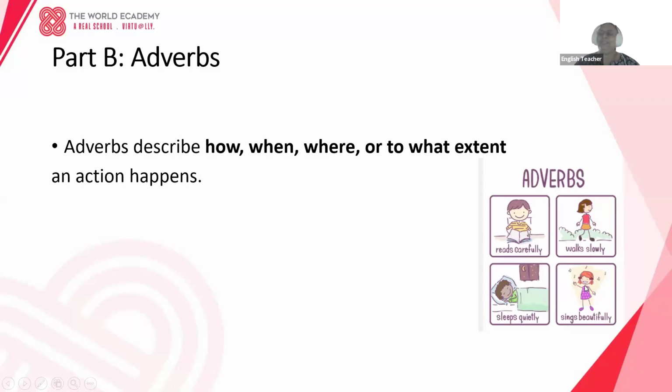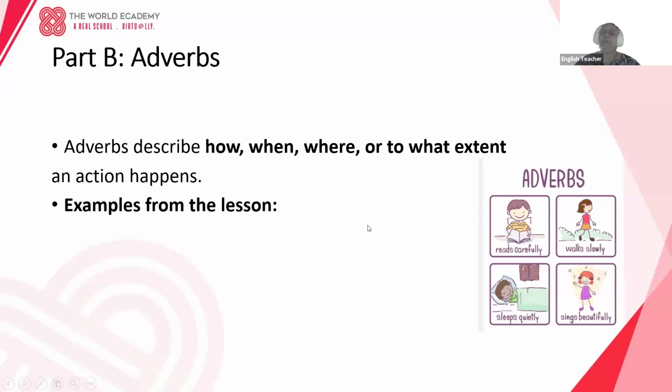And over here, Ruby sings beautifully. She's got beautiful vocal cords. So that's why she sings beautifully. All these words, carefully, slowly, quietly, beautifully, are adding some meaning to the actions.